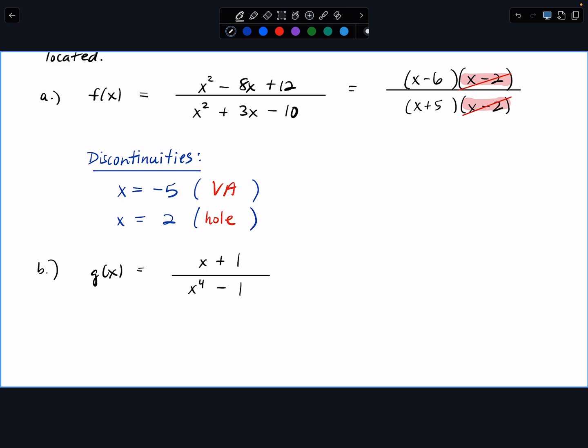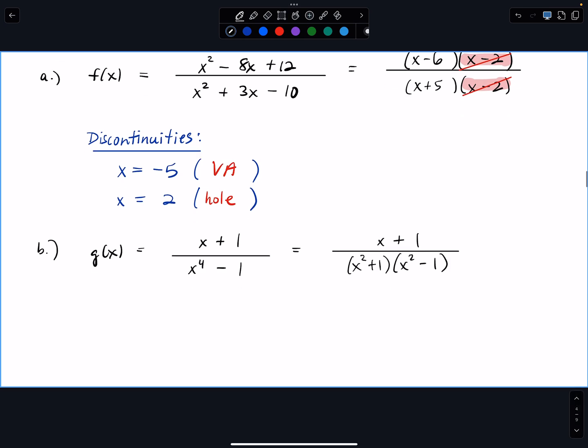But the bottom, guys, it does factor. Does anybody see how it factors? Good. X squared plus 1, x squared minus 1. Good. Now, we don't have a formula for squared plus, but we do have a formula for squared minus, right? This also factors again. So I'm left with x plus 1 all over x squared plus 1. This guy right here factors to what? X plus 1, x minus 1. Good.